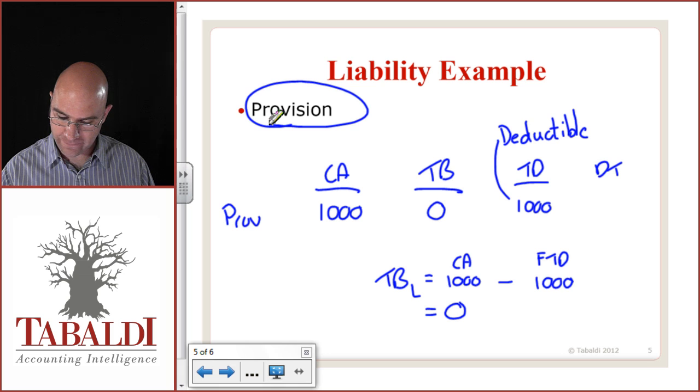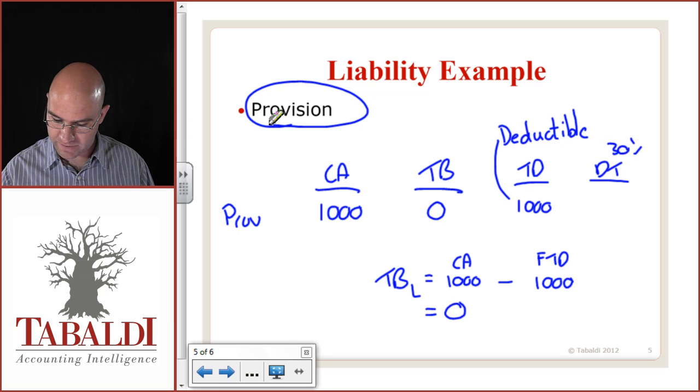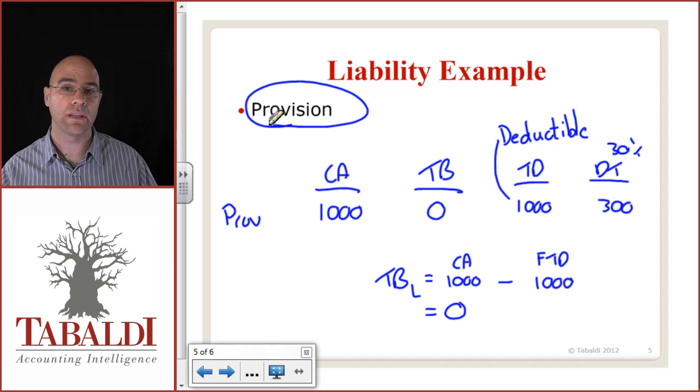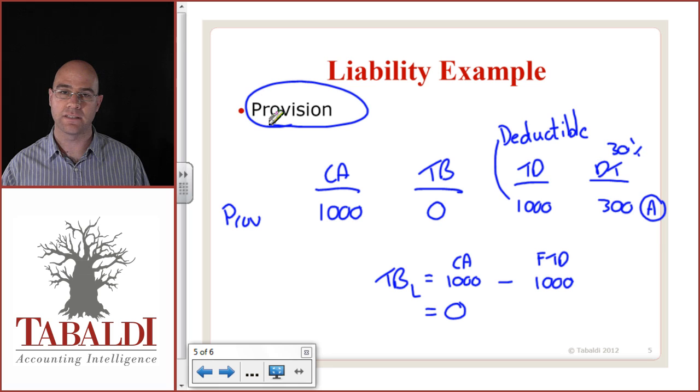Therefore, there's going to be a deferred tax that needs to be raised today to match that deduction to the current accounting income. So that 1,000 times, let's say we're using a tax rate of 30%, will result in a future tax saving of 300. A tax saving, well, that's a future benefit, isn't it? So that will be a deferred tax asset recognized today of 300.